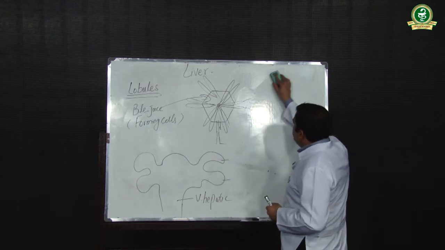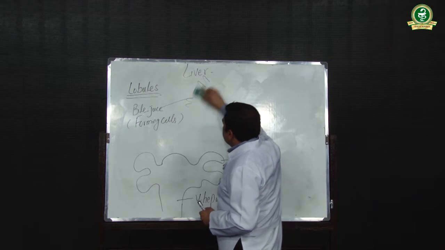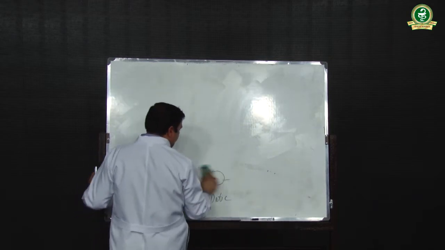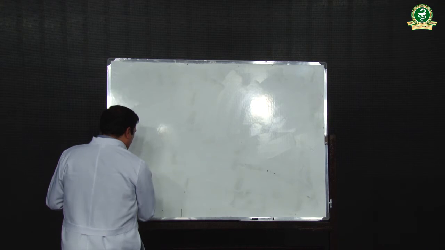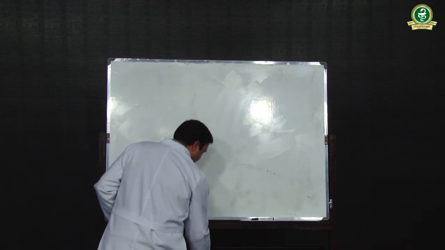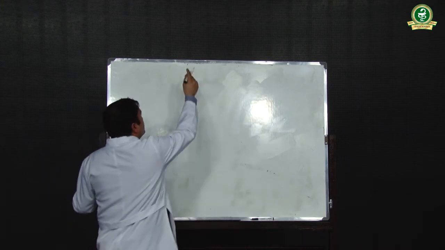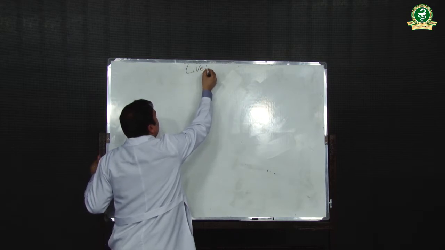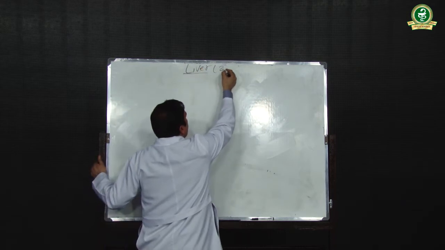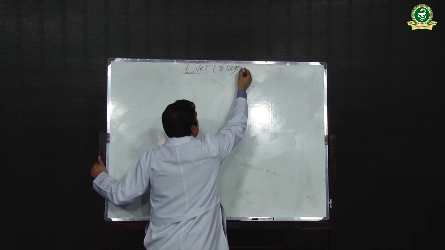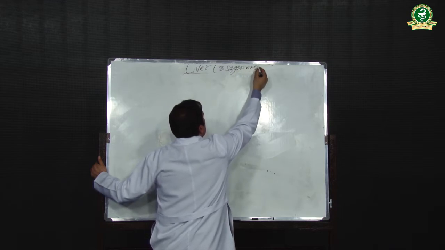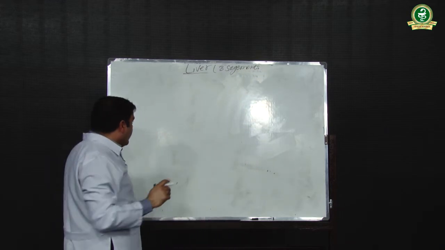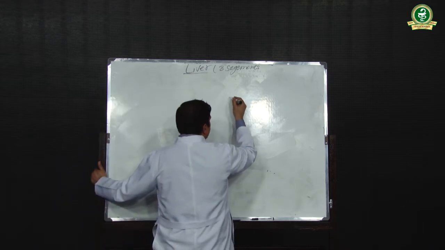Now, our segments, how they work, it means how blood supply goes to the 8 segments, clockwise. But how?